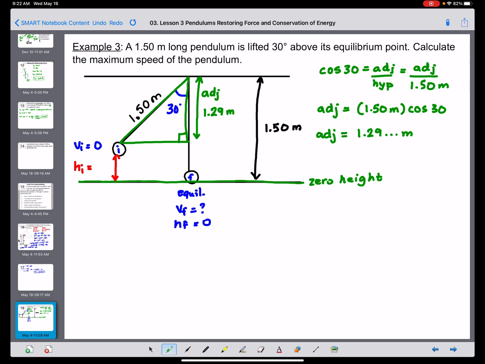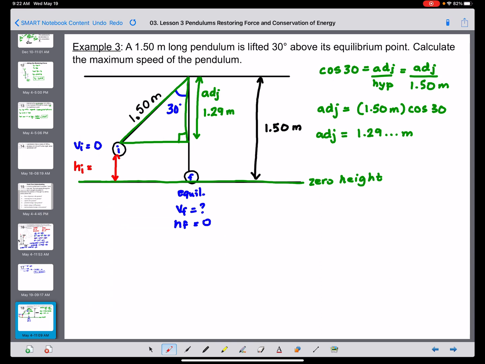Okay, now think about this. So HI here would be this missing distance. I didn't draw my diagram perfectly, but if all of this is 1.5 and then all of this is 1.29, hopefully we can agree that HI would just be 1.5 minus 1.29. I'm just going to put things back where they were.